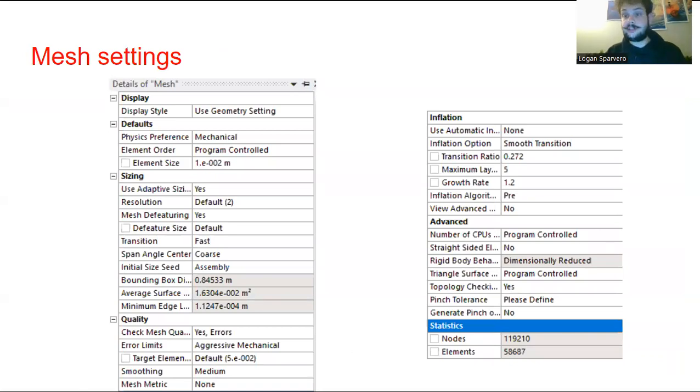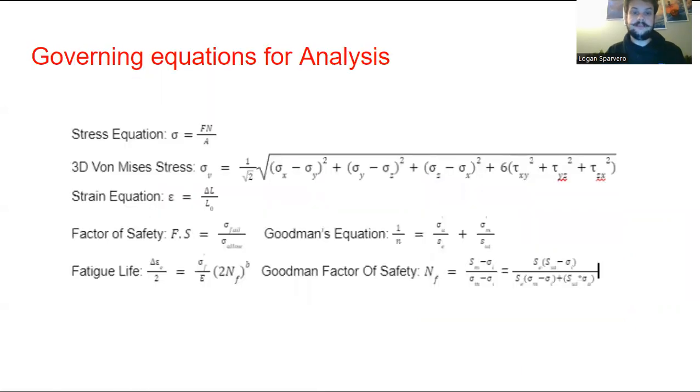We had a 0.001 meter element size for the mesh to get a very smooth, precise and accurate analysis. The number of elements is 58,687, and the nodes is 119,210. So it's a pretty precise analysis when running all these forces.